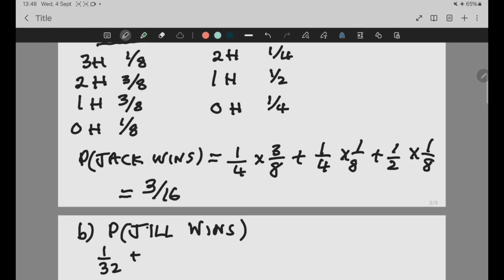That will come out to 1/16. The probability she has 3 heads and Jack has none will come out to 1/32.